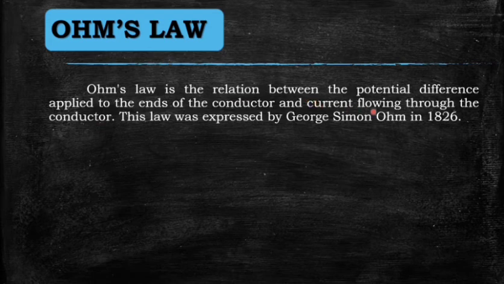And current flowing through the conductor, that man who was passing that tube was an ampere, that is current. It is a relation between the volt, whatever the pressure applied, and the current whoever want to pass through that conductor. This law was expressed by George Simon Ohm in 1826.